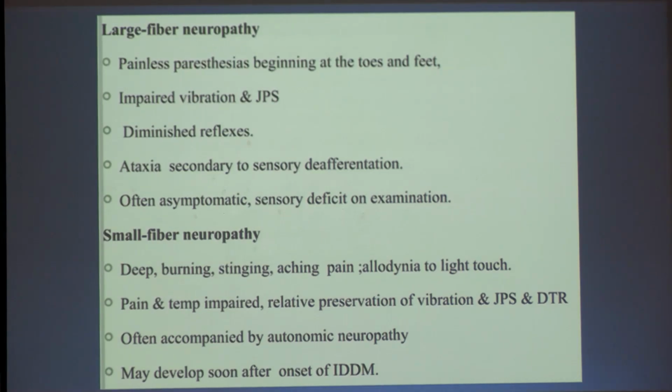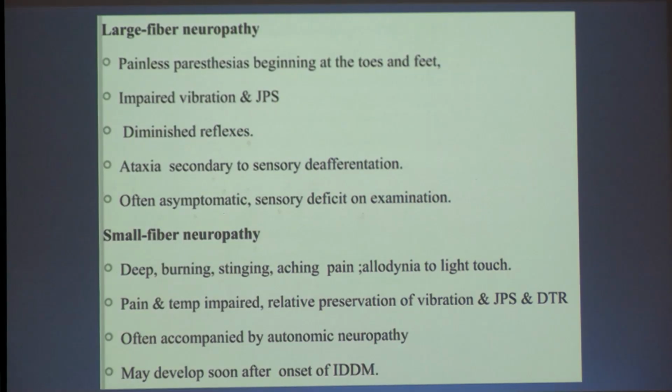Large fiber neuropathy. What do you mean by large fiber? What do you mean by small fiber? Large fiber and small fiber are usually defined on the basis of the thickness of the nerve fiber.